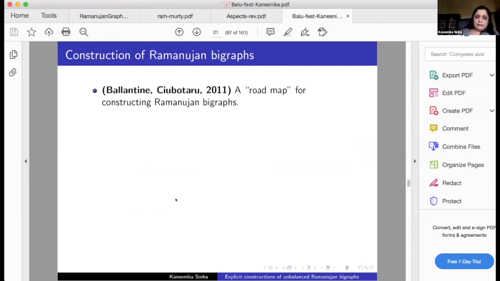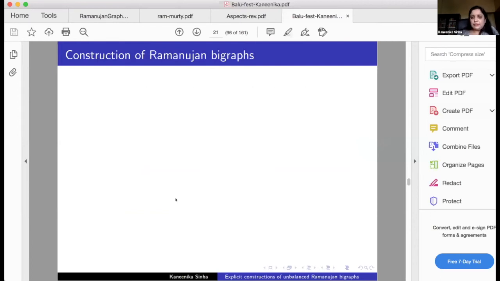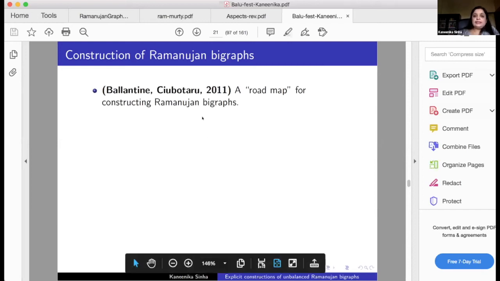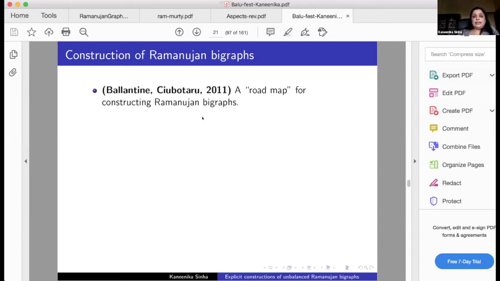So we can also talk about construction of Ramanujan bigraphs. This is of particular interest in the talk. Here, again, some theoretical work has been done. In particular, Christine Ballantine and Cristina Boneru in 2011 have a paper in which they construct a roadmap for constructing Ramanujan bigraphs.